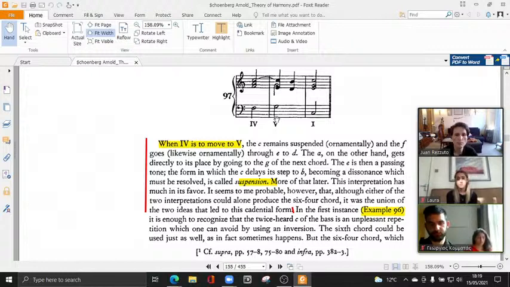It seems to me probable, however, that although either of the 2 interpretations could alone produce the 6/4 chord, it was the union of the 2 ideas that led to this cadential form: the passing F, E, D, and the proper suspension, the 3 by 4. That is what he is saying.